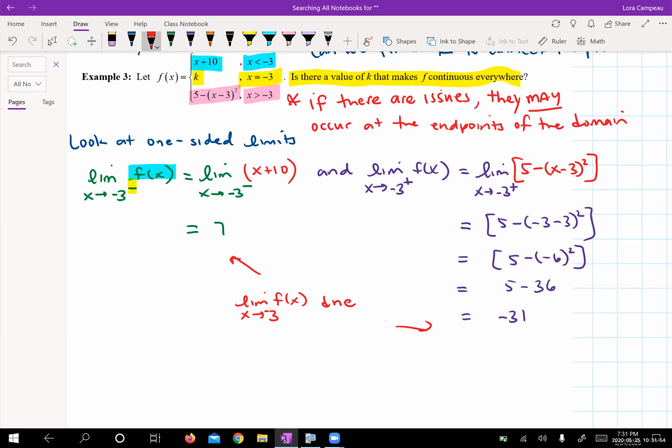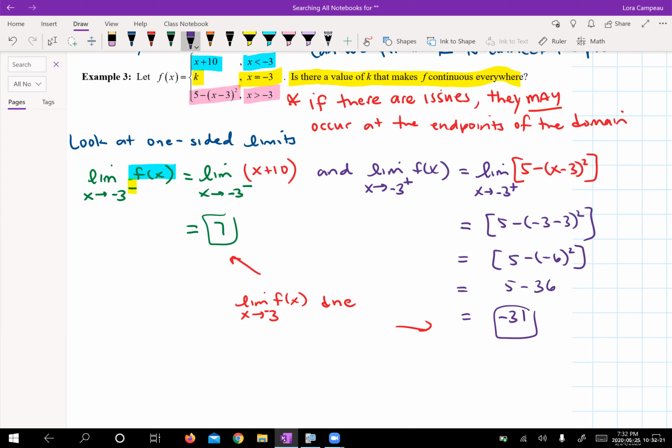And that means if the limits don't exist, you have some sort of jump discontinuity. Remember, we didn't get infinities for these values. We got actual numbers for each of the sides. However, they have to match for the limit of the function as x approaches -3 to actually exist in general.